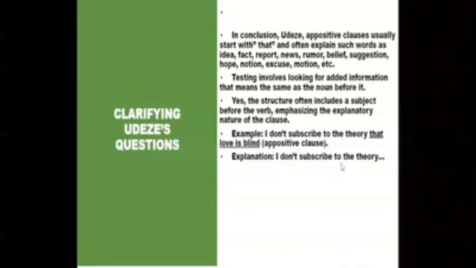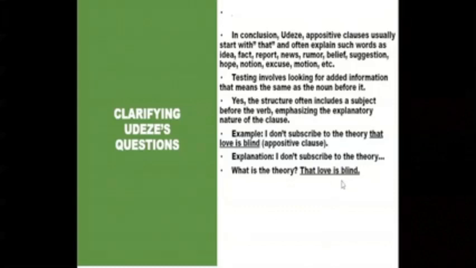So if you say, I don't subscribe to the theory, the question that should be raised is, what theory are you talking about? What is the theory that you don't subscribe to? And so this clause provides an answer to that question, what is the theory?